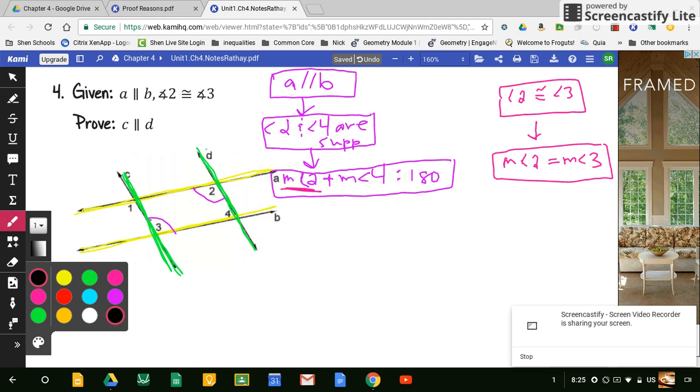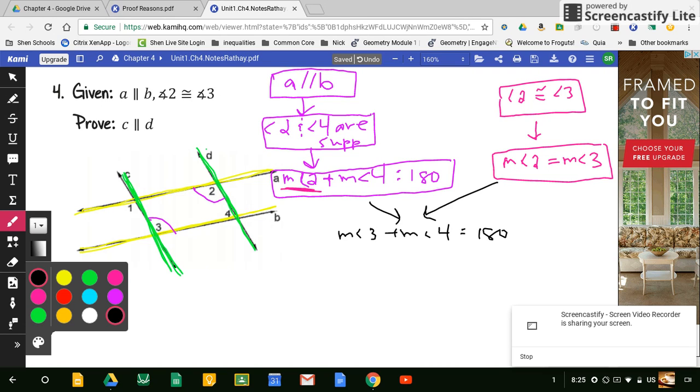That box is my ticket to replacing measure of angle 2 with measure of angle 3. So now we have the measure of angle 3 plus measure of angle 4 is 180. Because I'm replacing, my reason is substitution.